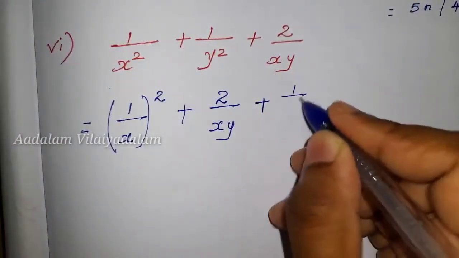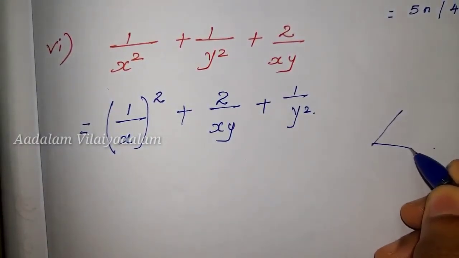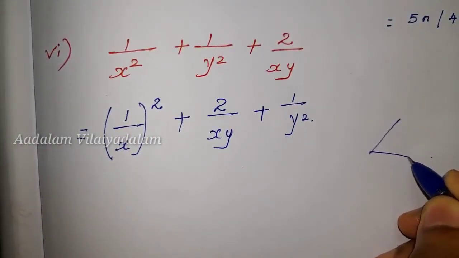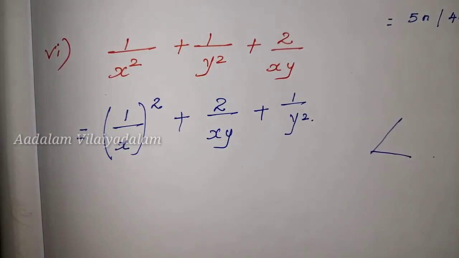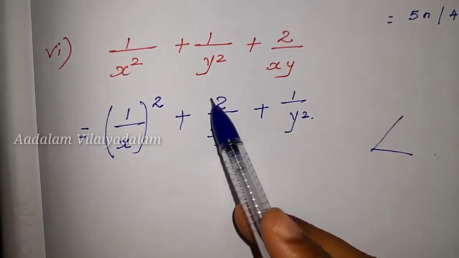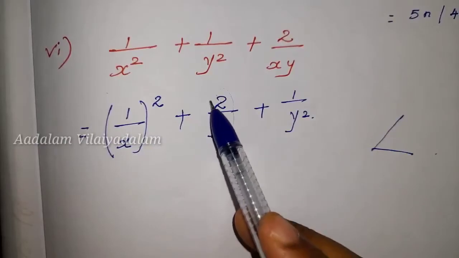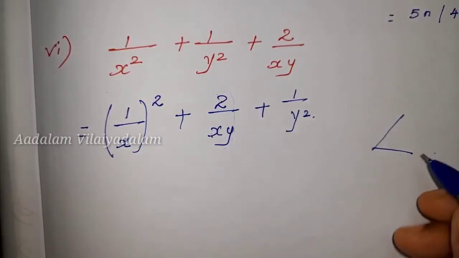Here y term is constant, so 1 by y square. So first identify the sum of the terms, that is the coefficient of 1 by x, which is 2 by y.